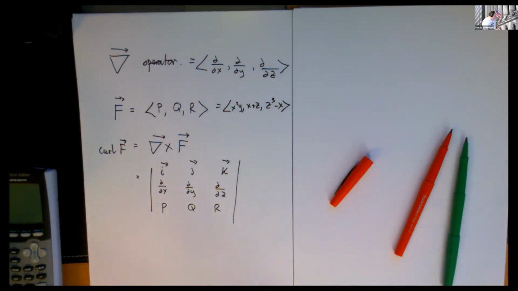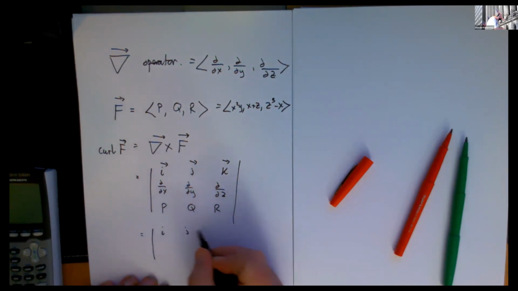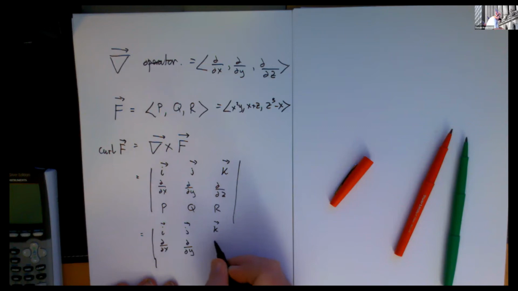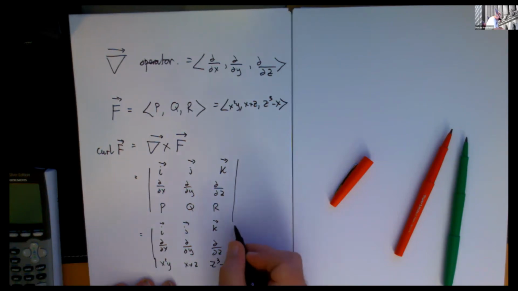So in this case, it's going to go i, j, and k. This guy is going to stay put for a minute. This guy is going to stay put. This guy is going to stay put. And in the question I've got here, we're going to go x squared y, we're going to go x plus z, and we're going to go z cubed, take away x.